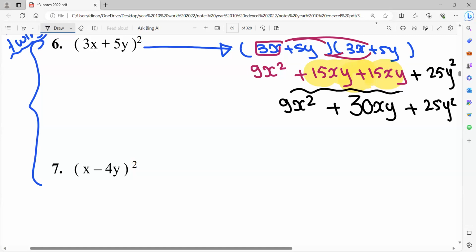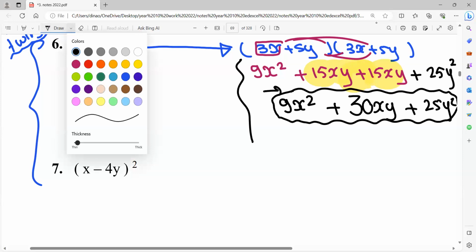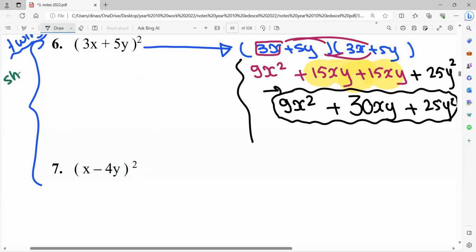Now, why did I decide to do it this way? Because when I discuss the shortcut that we will use for twins, I want you to relate to this part over here.